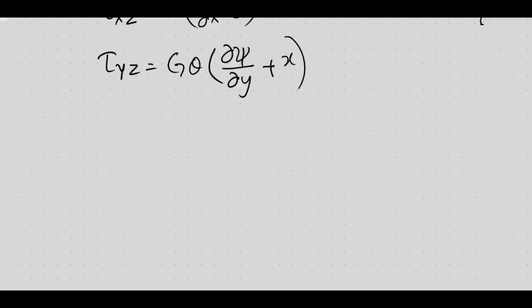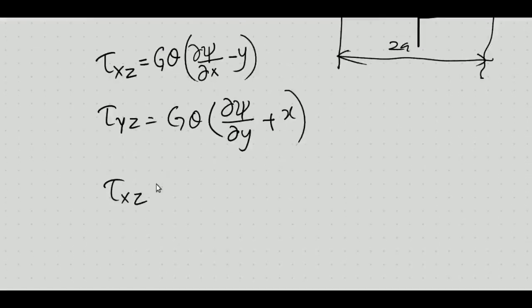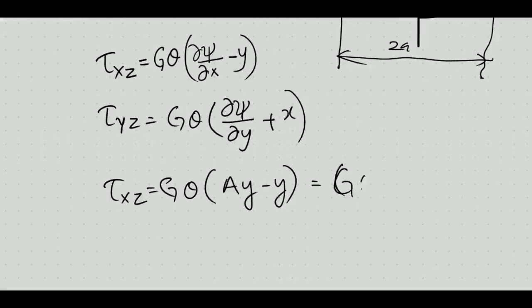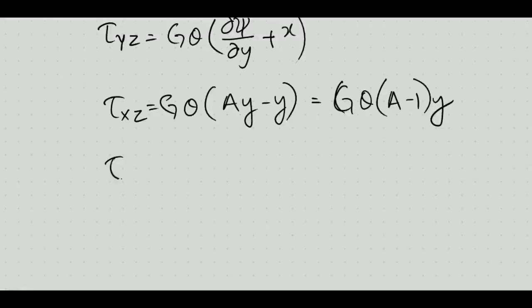So the equation will become tau xz is equal to g theta into ay minus y, or g theta into a minus 1 into y, and similarly tau yz will become g theta into a plus 1 into x.